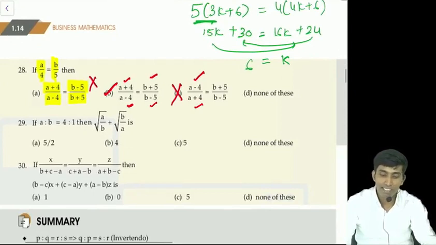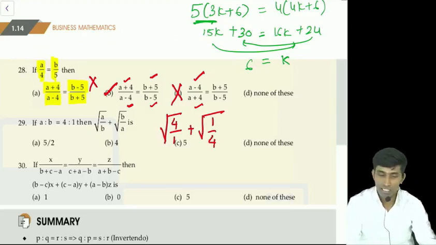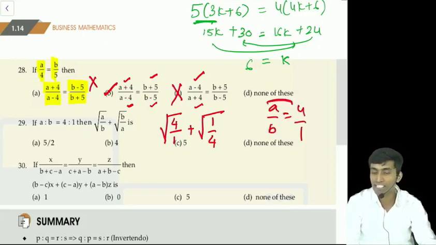A by B is equal to 4:1. So the value of A is how much? I will substitute A by 4, B by 1 in 1 plus under root of 1 by 4. Are you understanding? A by B is 4:1. A's value is 4. B's value is 1.